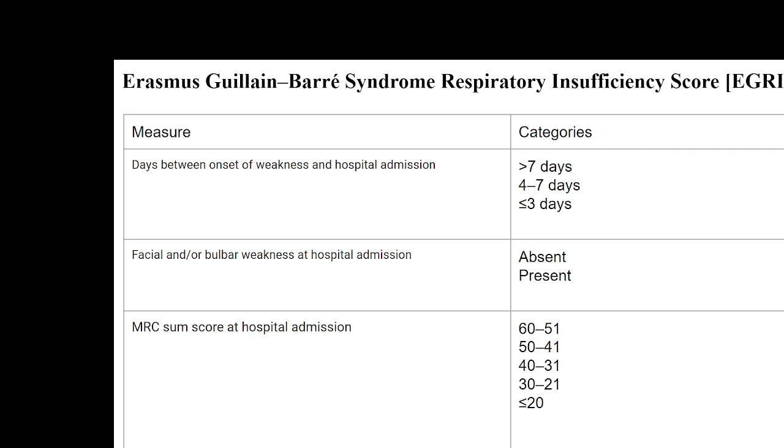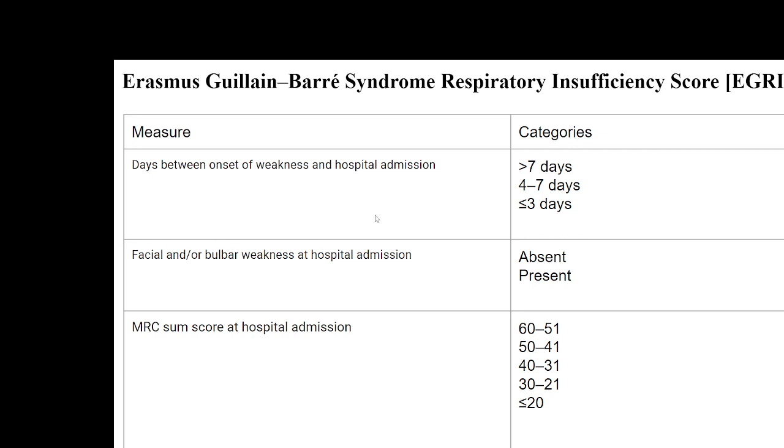It's done by a standard scoring method called the EGRIS score, or Erasmus Guillain-Barré syndrome Respiratory Insufficiency Score. The score is decided by factors like the days between the onset of weakness and hospital admission.